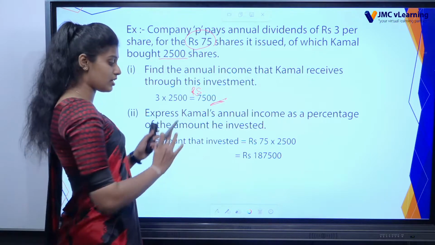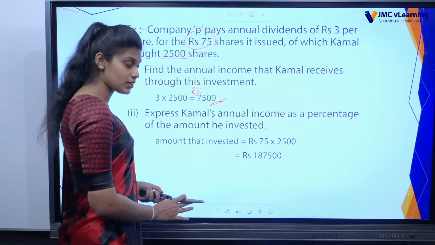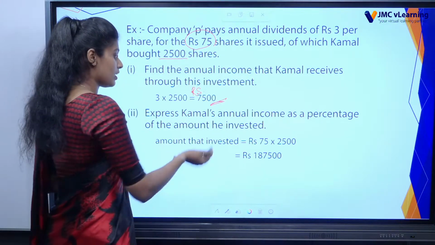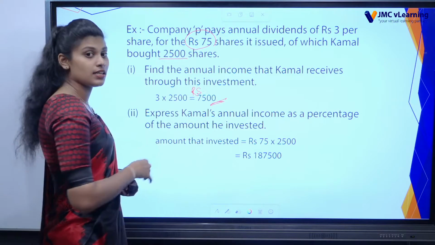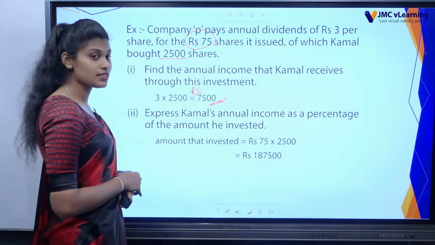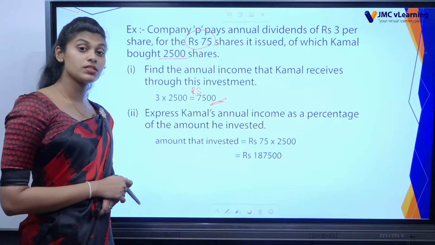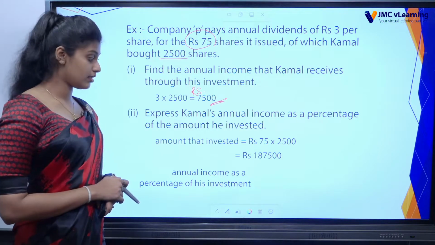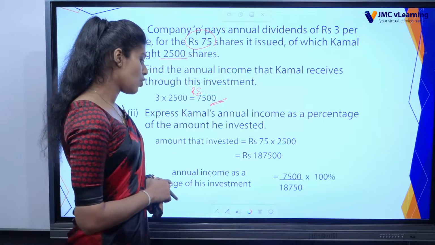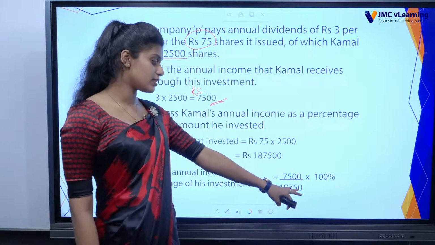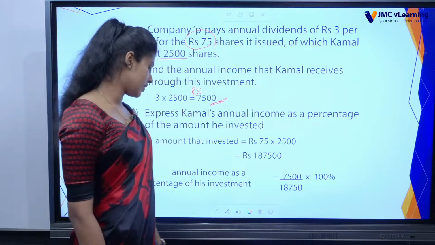Then let's find this as a percentage. He invested 1,87,500, but after 1 year he can collect 7,500. Then we can write it as a fraction, 7,500 over 1,87,500. To take a percentage, you have to multiply this fraction by 100%.